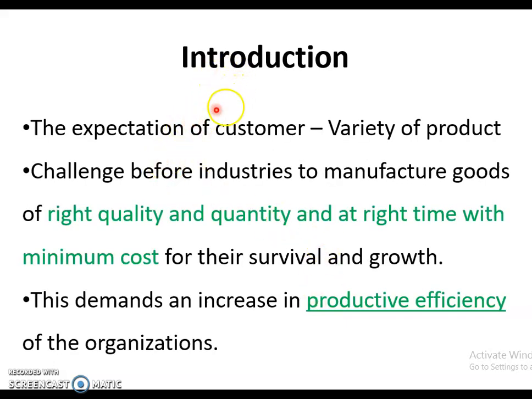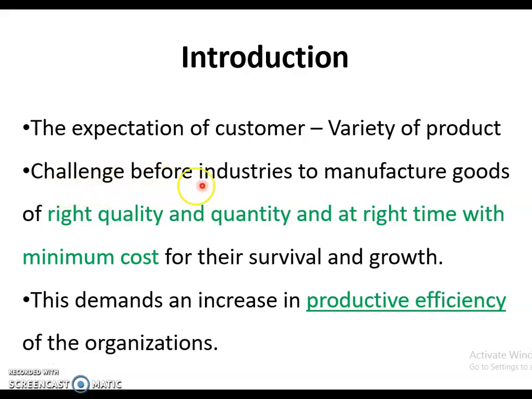Now in the introduction part, the main focus of every industry or organization is on the expectation of the customer. Industry has to produce a variety of products, and these products should fulfill the design requirements, usability and other things, and should also be produced at the lowest cost.